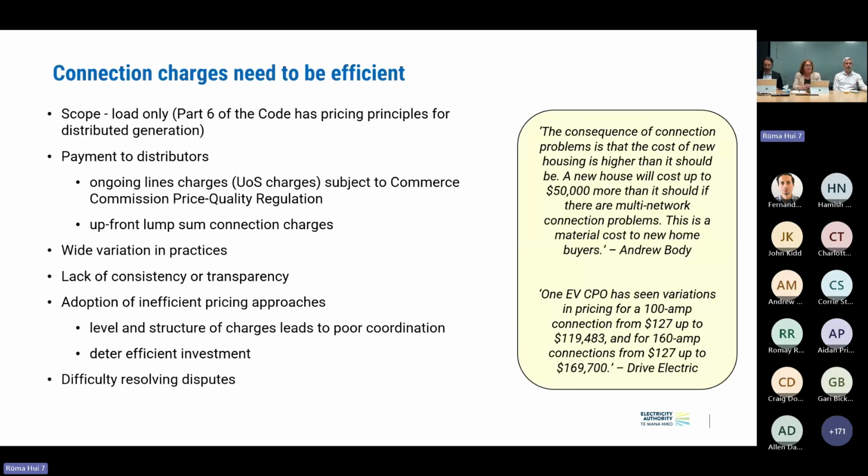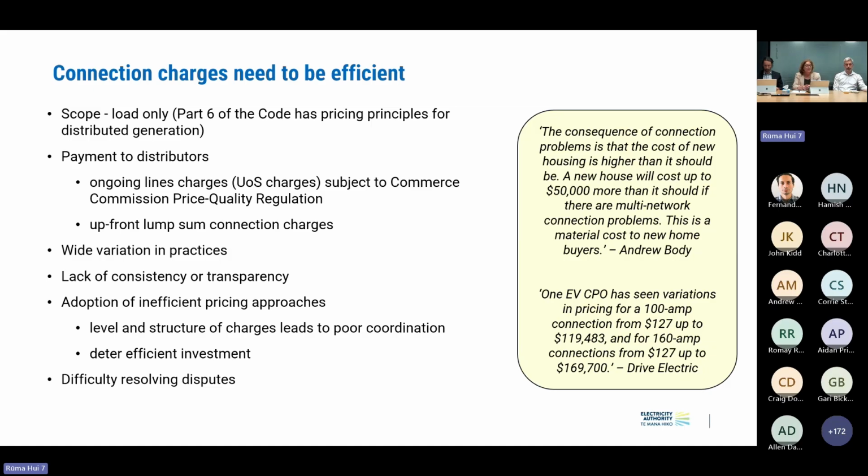Connection pricing is a fundamental component of access to networks. We have observed, and users have raised concerns about, inconsistent practices across the distribution sector, adding inefficient cost and complexity for connection applicants. To date, regulation has not provided strong or consistent incentives for efficient pricing.